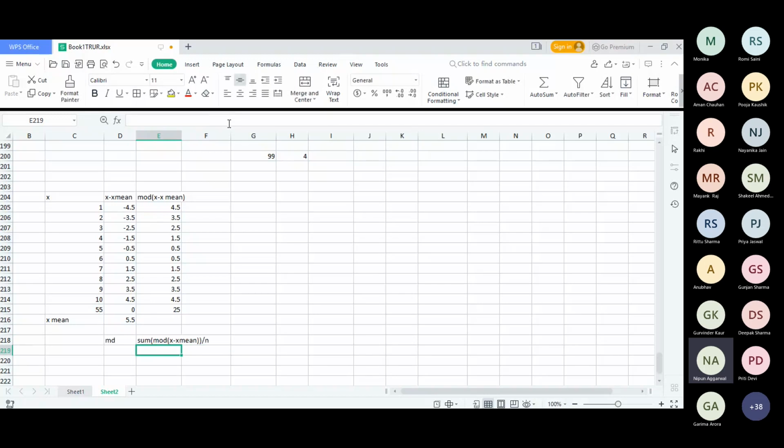So that becomes the formula for mean deviation. The sum of all the individual deviations divided by n becomes your mean deviation.